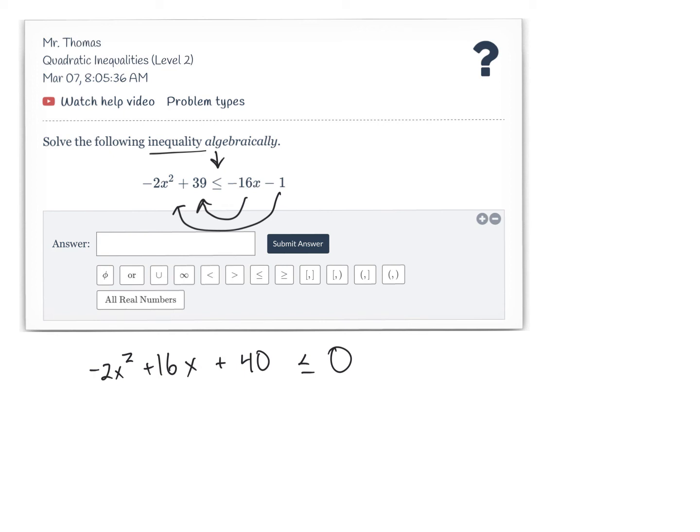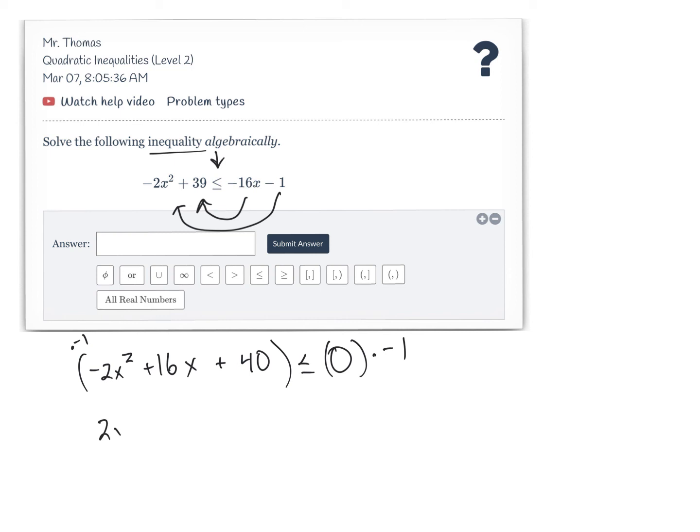Honestly, there's always 10 different ways to do something, and I'm thinking of 2 or 3 different ways. But we don't want a negative in front. So I would do this: multiply everything on the left by negative 1, as well as the right, of course. What's the purpose of that? To get rid of that negative in front.